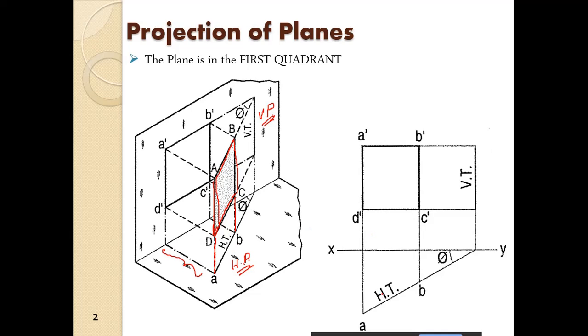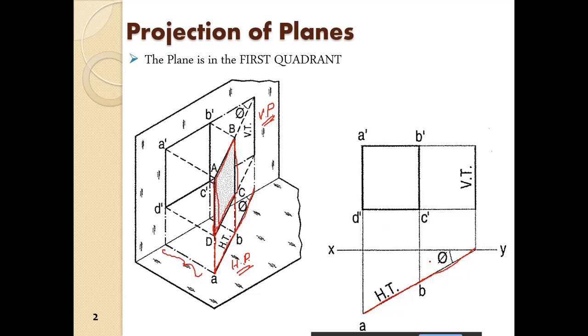So first of all, what we do is we draw the horizontal trace, right? So this is the horizontal trace. But then we extend it to meet the vertical plane.